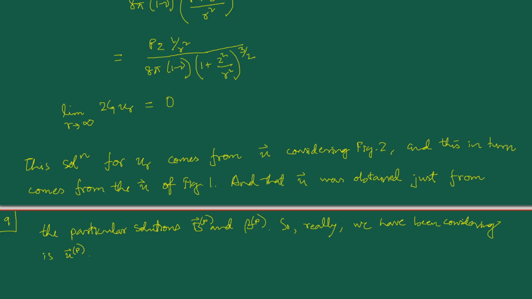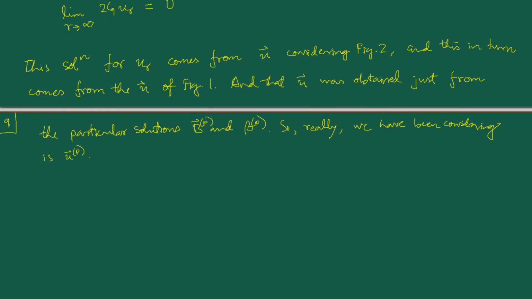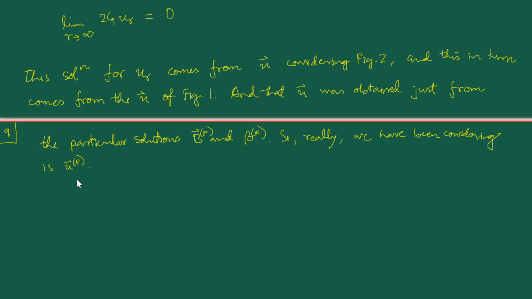But you see, what is this thing solving? This UP vector is actually solving the original Navier-Lamy equations considering the body force, and it turns out the solution is such that it is satisfying the overall boundary conditions for the displacement vector.